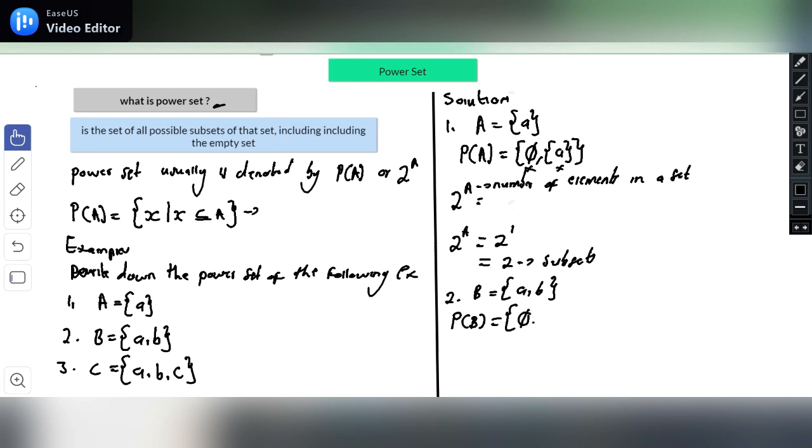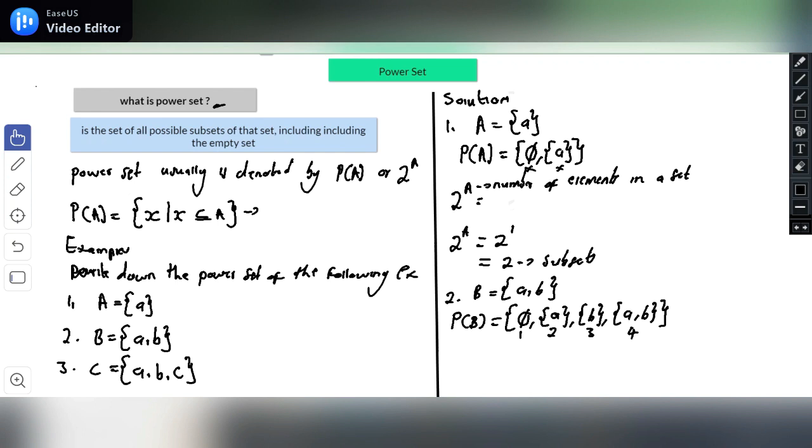Then we write {a}, then we close the braces, then {b}, then we close the braces. As we are done writing a and b, now we're going to write both of them, which is {a, b}. And then we close our braces. So that's how it is. And if we count how many subsets we have here, it's 1, 2, 3, and 4.